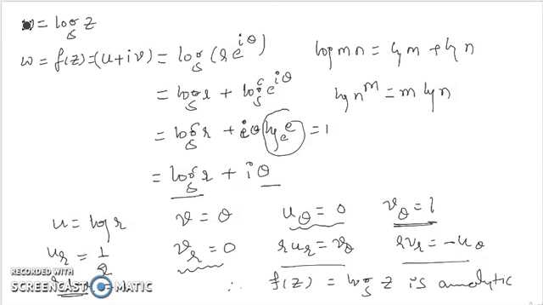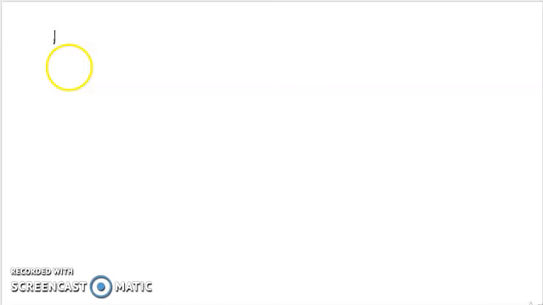Next we need to find its derivative. I'll just tell you, if I differentiate log z with respect to z directly, I'm going to get 1 over z. That is what we have to get even after simplifying this. So let me check that with the help of CR equations. So dw over dz is equal to f dash of z.